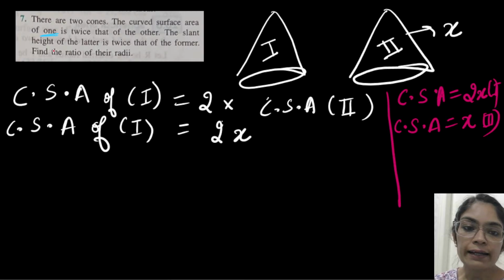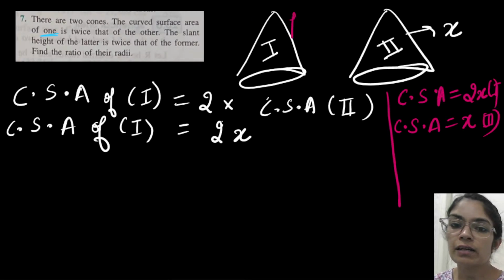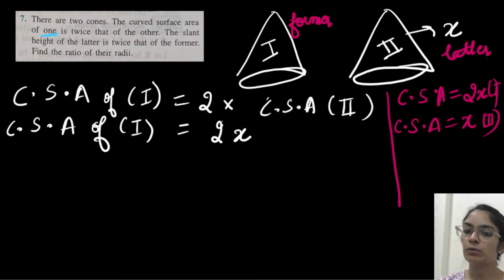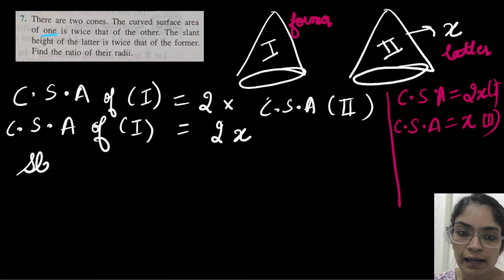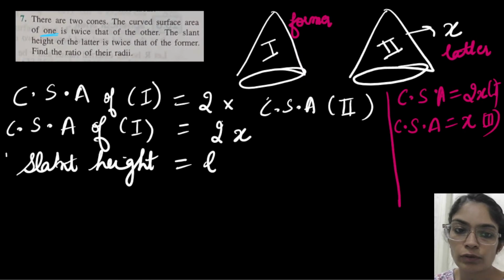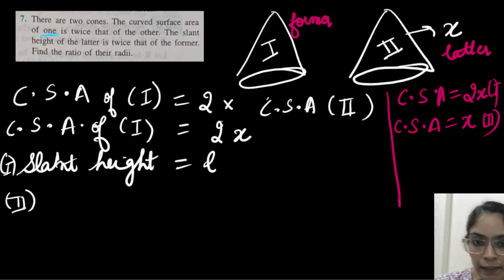Then the slant height of the latter. See here when we are talking, first one is former, second one is latter. First one is former, second one is latter. So what they've mentioned, the slant height of the latter is twice that of the former. So that means if first one's slant height, I am just writing as L. So if this is L for first one, then for second one, what is the value of slant height?